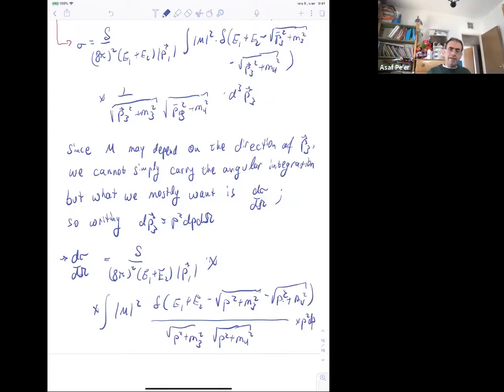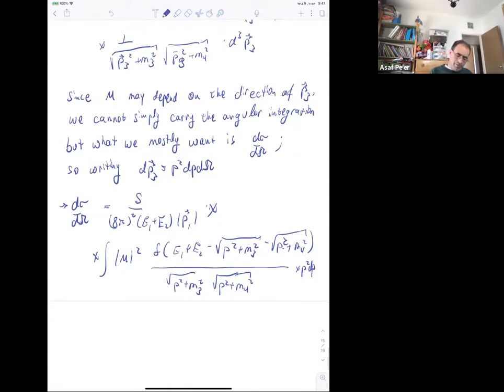But this is exactly the same integral that we had previously. Simply exchange M1 with E1 plus E2 and M2 with M4, and that's what we got. So we already solved this integral.